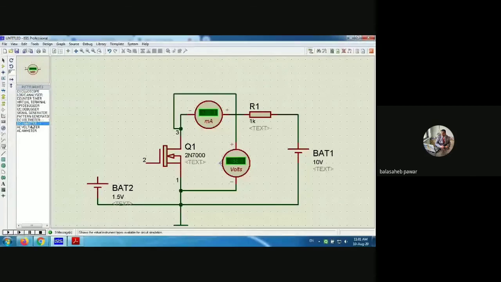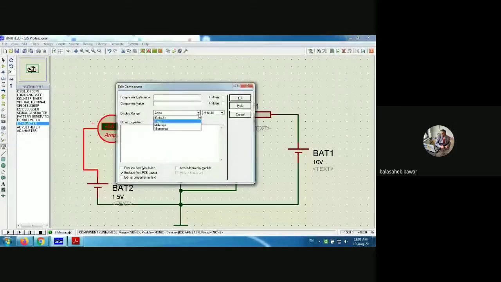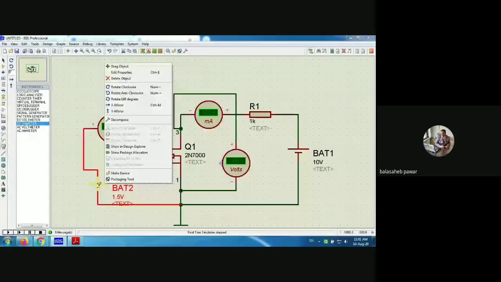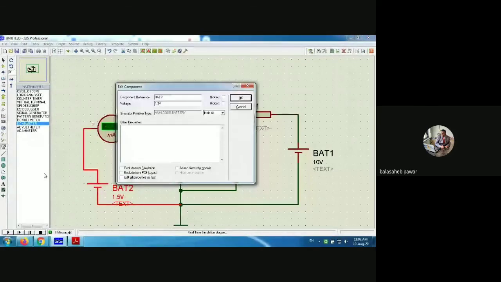Suppose I connect one current meter, in milliamperes, in series with this gate terminal, and if I run it, what is happening? Here we will apply, suppose, 1.2 volts. Already you noted all these readings.